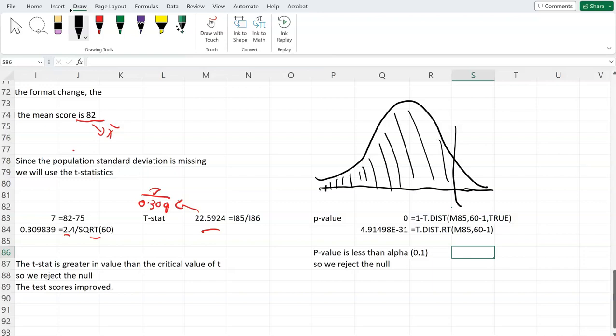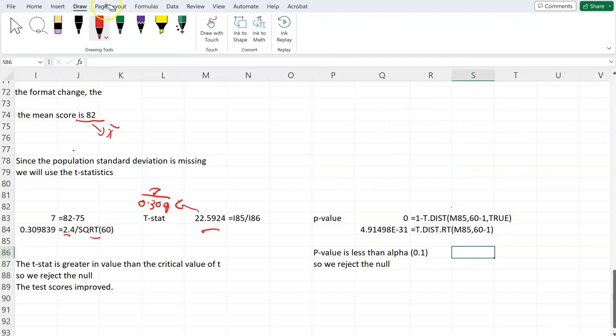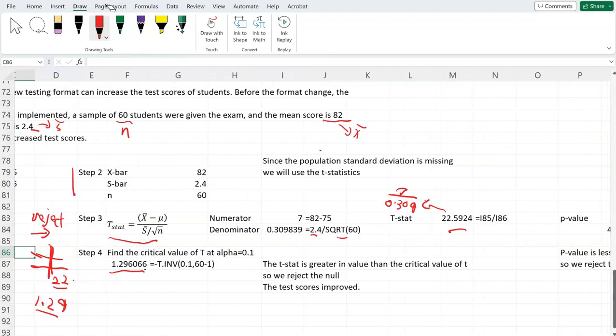But in our case, this is the non-rejection region. If this is my critical value, we want everything to the right to be the rejection region. So that's why we do 1 minus the t-distribution to find this red region, or we can use the formula t.dist.rt. And so we will say that the p-value is less than alpha, which was 0.1, so we reject the null.